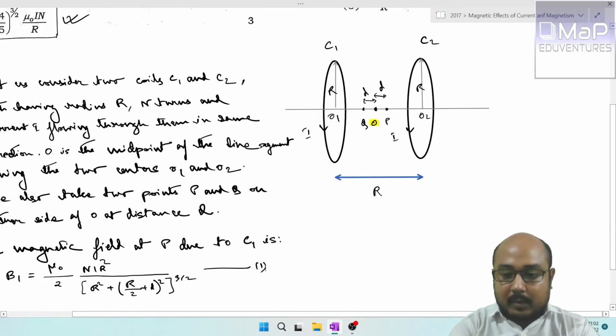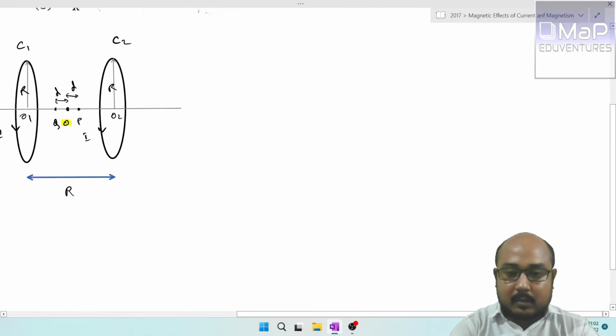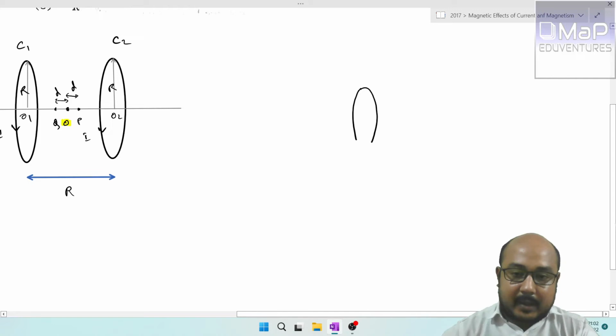Suppose I go a little to the side. You have already come across the case where we need to find the magnetic field intensity due to a circular current loop at any point on the axis.